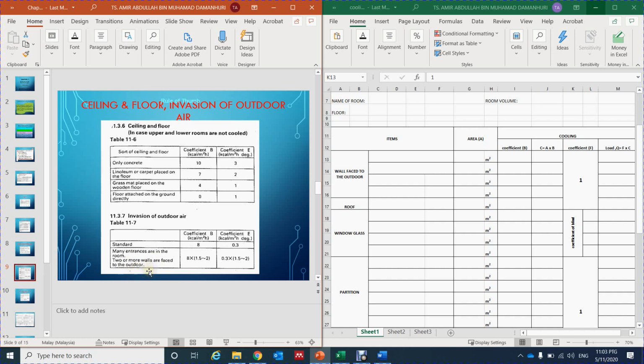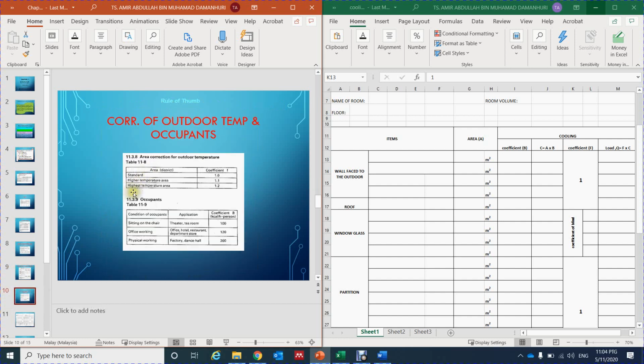So if your room has many entrances, for example two entrances, or you have 2 or more walls that face the outdoor, we have to select the coefficient of B here, but it is 8 for the standard, and 8 times you can choose either 1.5 to 2, so you can get whatever the result from there. So we have also the area correction of outdoor air.